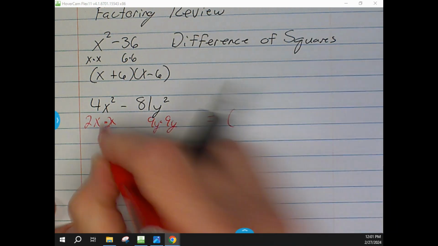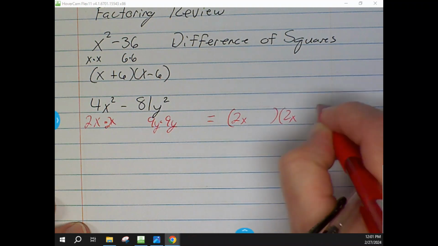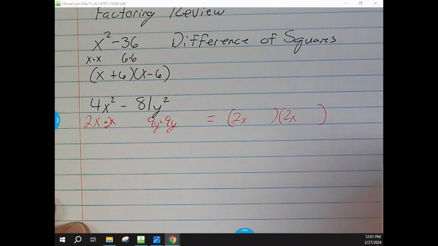Okay, so all we're going to do is because the 4x squared is first, we're going to put a 2x first, and then the 9y would go second.